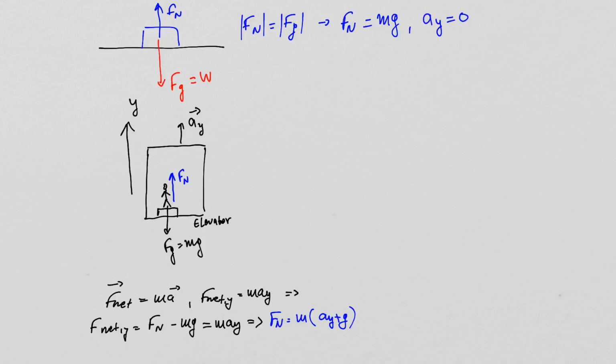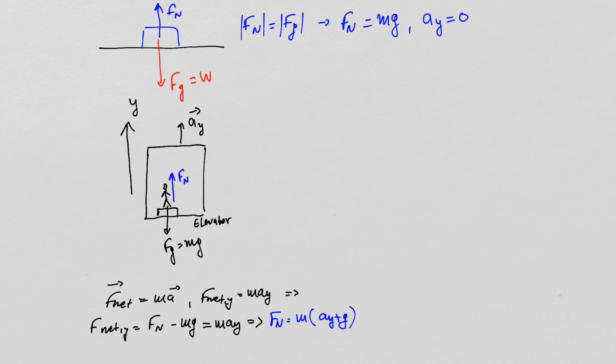So this result here tells me that the scales, which read that normal force, will read a force that is larger than the actual weight of the person. The weight of the person is simply mass times gravitational acceleration, but here we have another term that's added, that is the value of the vertical acceleration of the elevator.